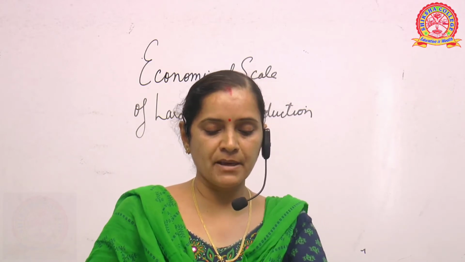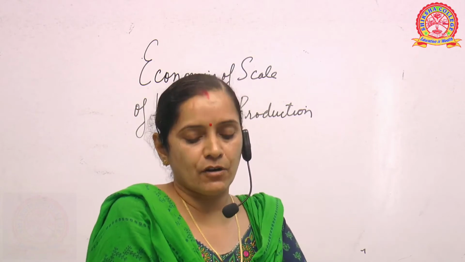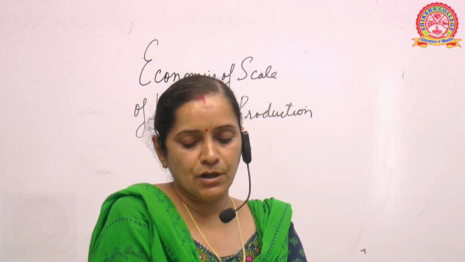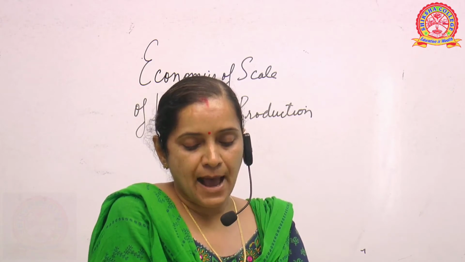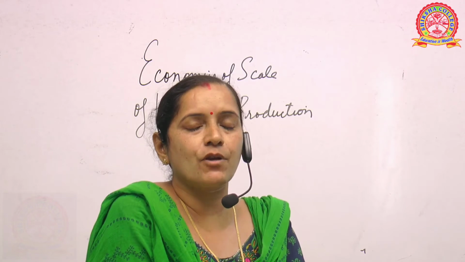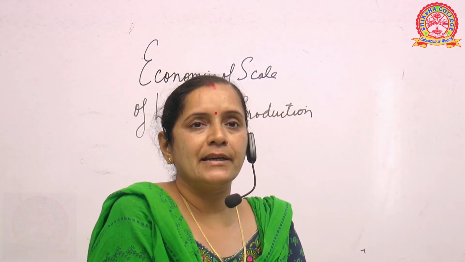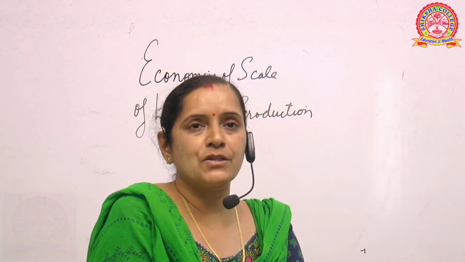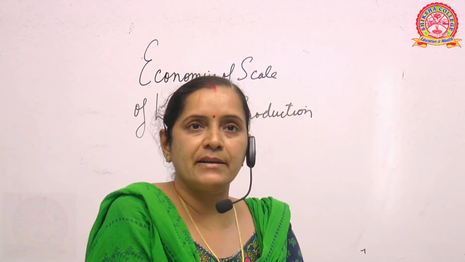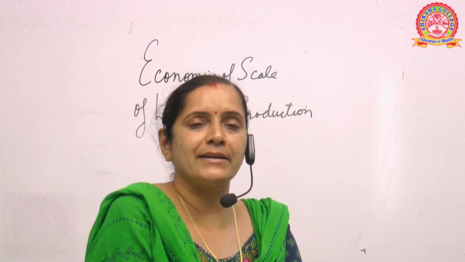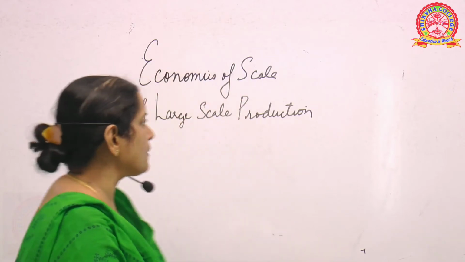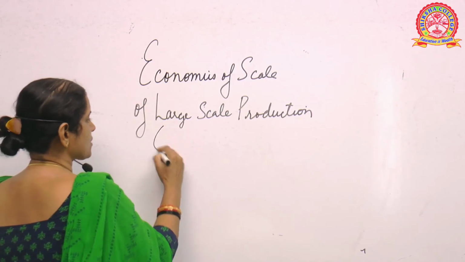Now, what is economies of scale? It is the reduction in the unit cost of production as the volume of production increases. You have to remember that here the output or the scale of production is carried out on a larger scale, and there are some disadvantages as well as advantages to the company. Economies of scale means we are talking about large scale production.